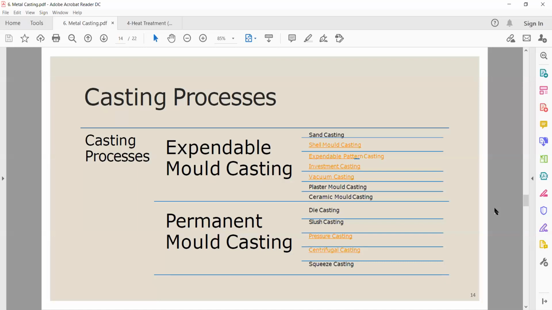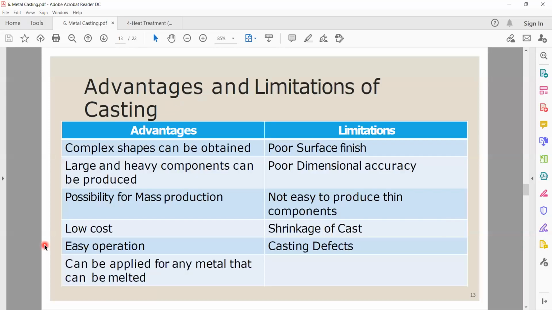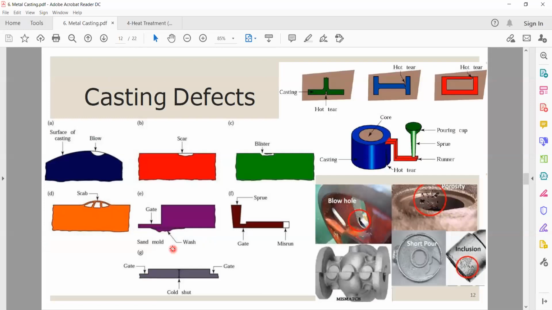Yes, if there is a casting defect, then what do we do, destroy it or make it again? It's up to your defects. See here, if it's a wash kind of defect, you can do the finishing touch up. You can remove that excess part from your part. If it is a misrun, then definitely you have to do it again. If it is a blister, scar, or blow, definitely you have to do it again.